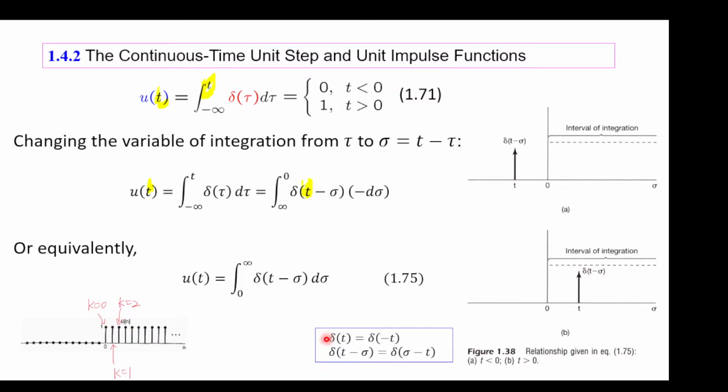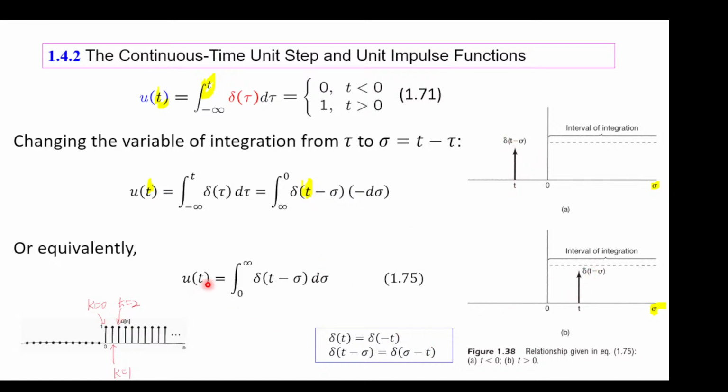And another way to view this is to think of this as a function of sigma. Just as before, the delta function is an even function, so delta of t minus sigma is delta of sigma minus t, and so this is a unit impulse function shifted to t.